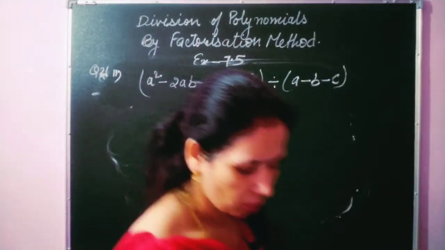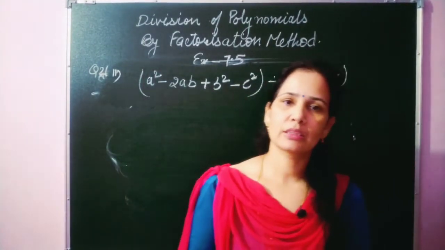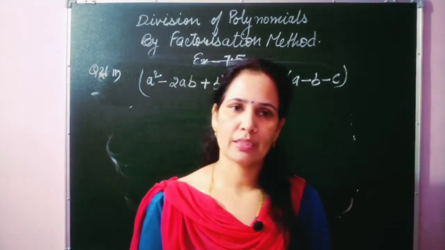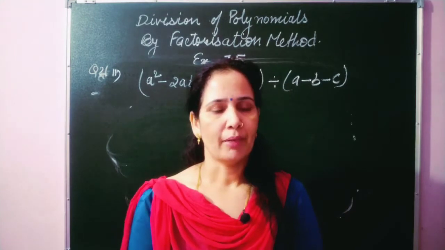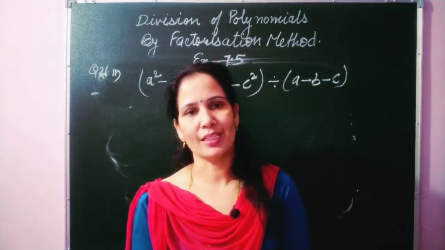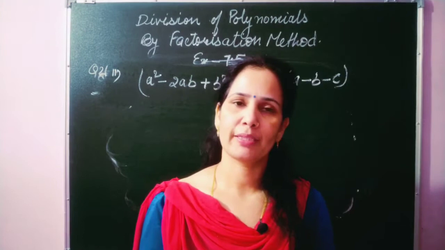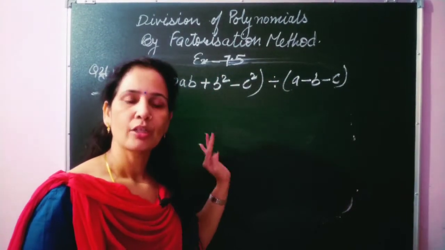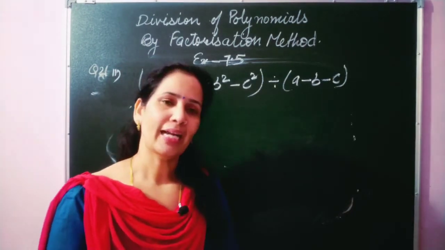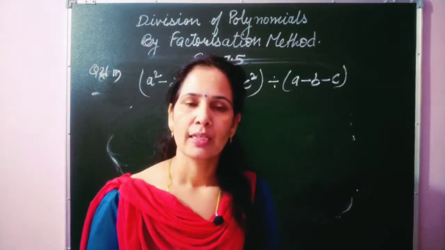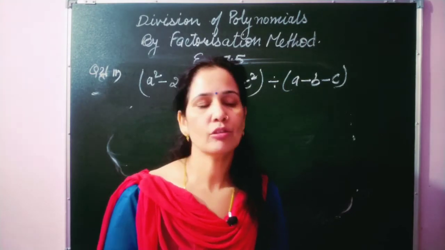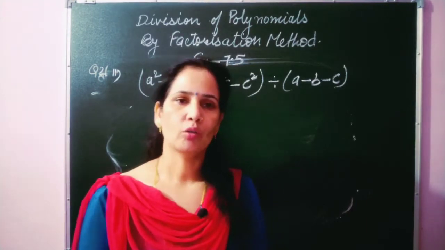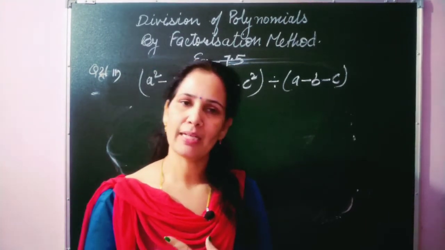Okay, in the previous exercise we have already discussed how to make factors by the grouping method, by using identities, and by the middle term splitting method. So to factorize this given polynomial, you can use any method. There is no hard and fast rule that you have to use only one method; out of these methods, you can apply any.